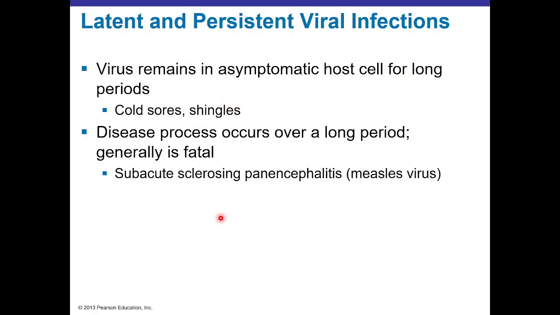Now, in some cases, some of these latent or persistent viral infections can be activated or reactivated in such a strong manner that it can kill the host, like in the case of measles. So measles virus can cause subacute sclerosing panencephalitis, that is a fatal infection that affects the brain tissue.